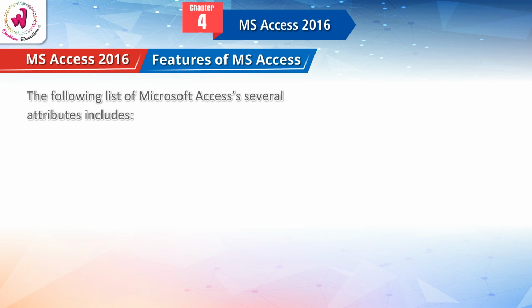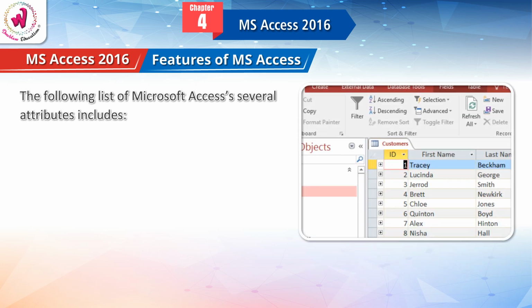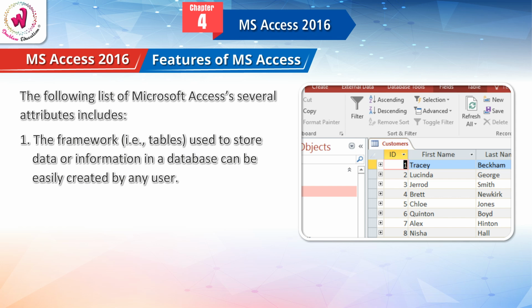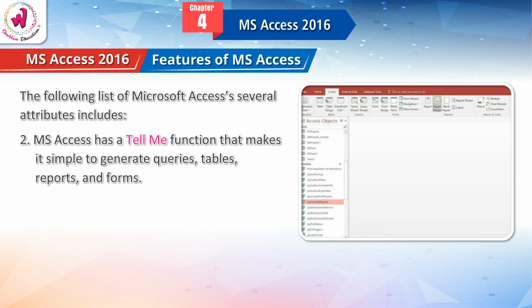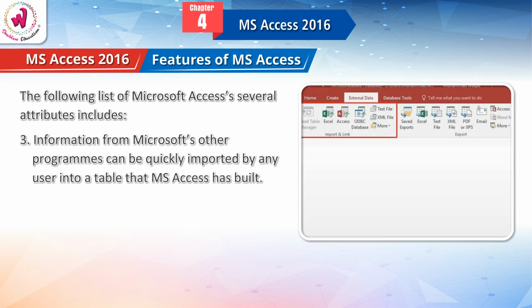Features of MS Access. The following list includes several of Microsoft Access's attributes. 1. The framework, that is tables, used to store data or information in a database can be easily created by any user. 2. MS Access has a Tell Me function that makes it simple to generate queries, tables, reports, and forms. 3.